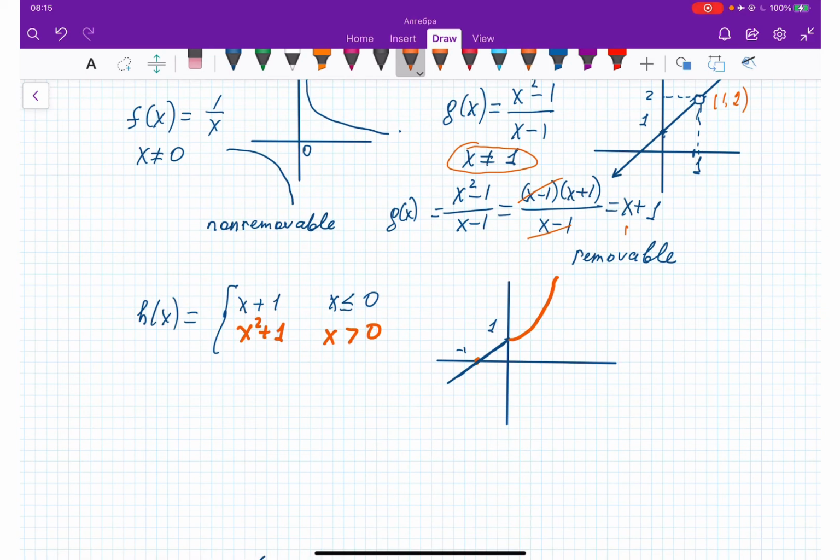Now, what do we have? Do we have on this graph, algebraically or on the graph, do we have any limitation? No, we don't. So we have on domain. So that means it is continuous on entire real number line. Yes?